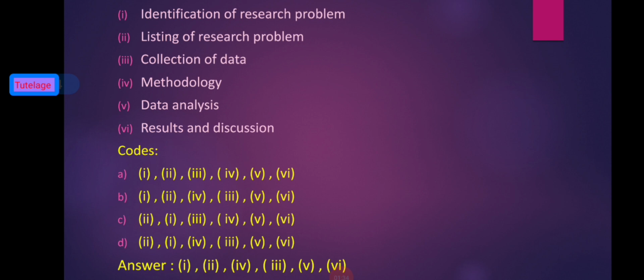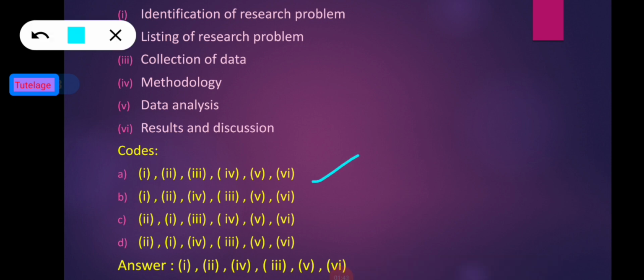Here we can see some steps of research. The first option is 1, 2, 3, 4, 5, 6, and the second one is 1, 2, 4, 3, 5, 6. Option C is 2, 1, 3, 4, 5, 6, and option D is 2, 1, 4, 3, 5, 6. So our correct answer is 1, 2, 4, 3, 5, 6. So option B is the correct answer.